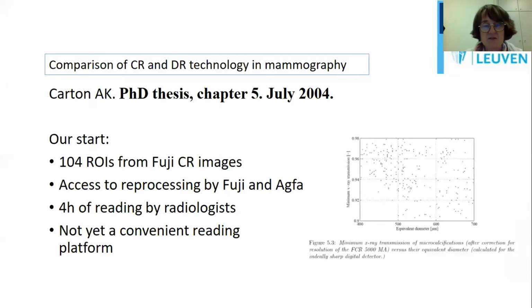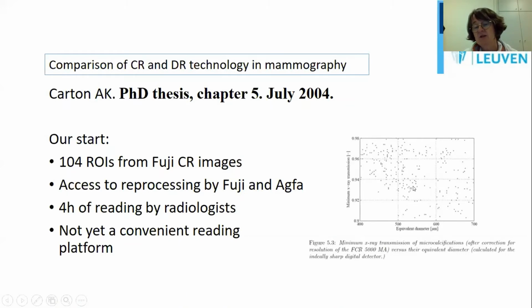So we started in the early 2000s with Ann-Katherine Carton, where we had access to Fuji CR images, Agfa CR, and also an Inspiration DR system. We had 104 ROIs in which we had put simulated calcifications of different diameter and thickness.